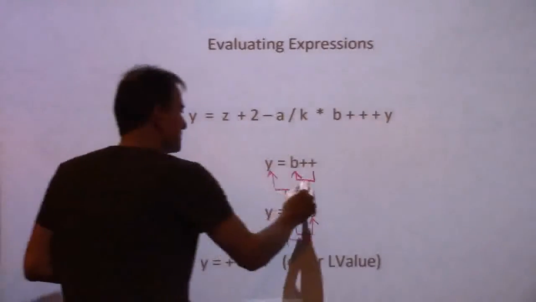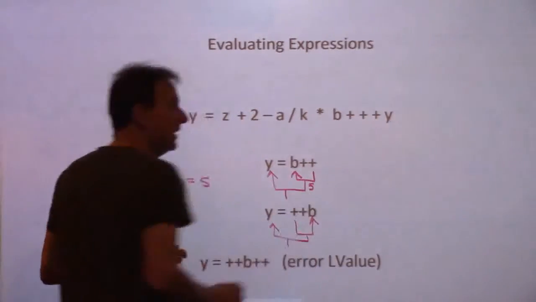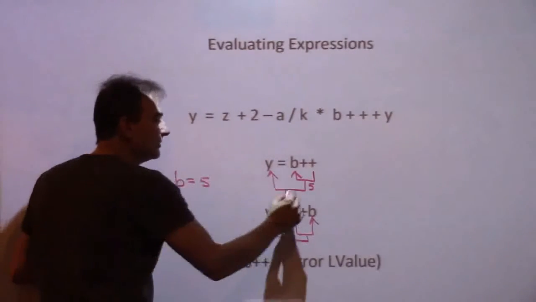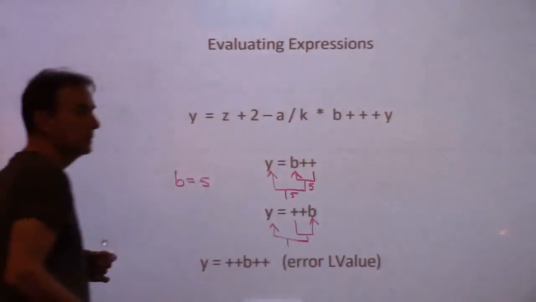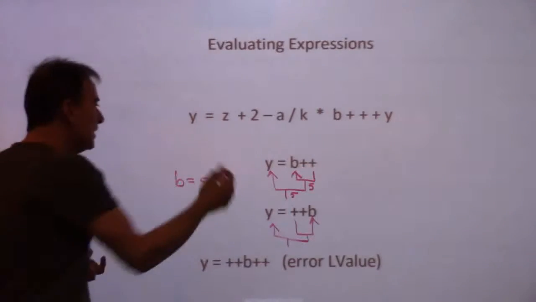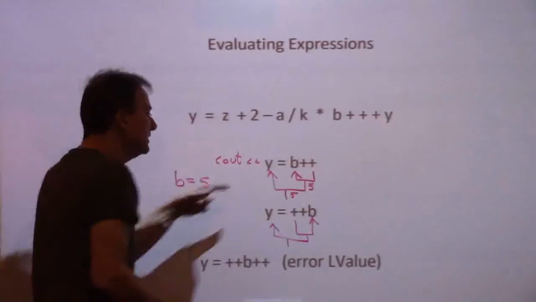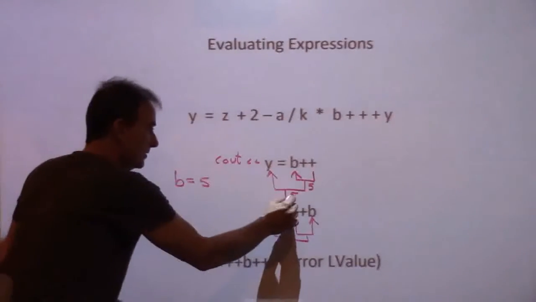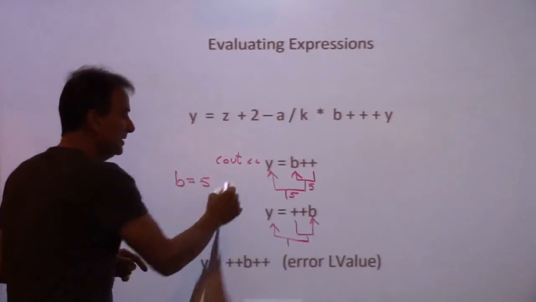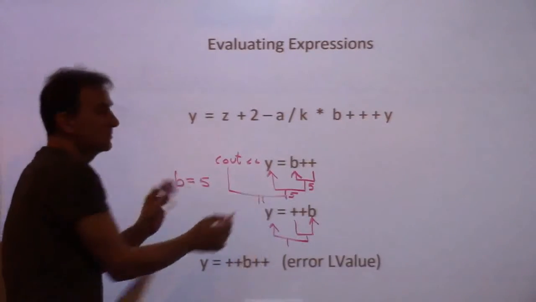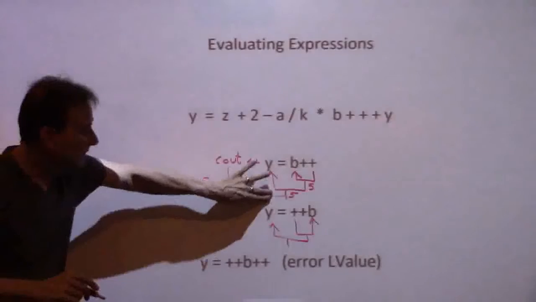So the value of the expression will definitely be 5. And the assignment into y will definitely be 5, and the return value will be equal to 5. If you cout this, this will actually print out the value of 5. It's going to print out 5, and it's going to return something which is amazing. But I'm not going to talk about that now.